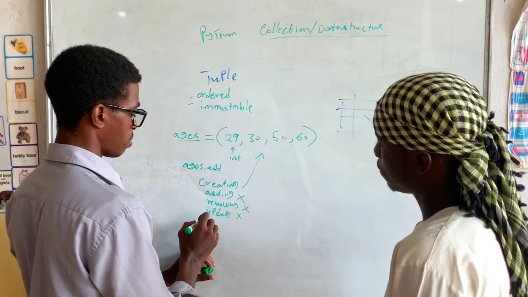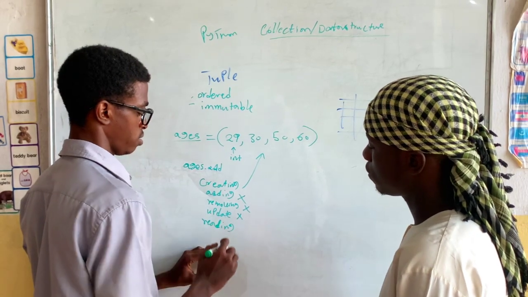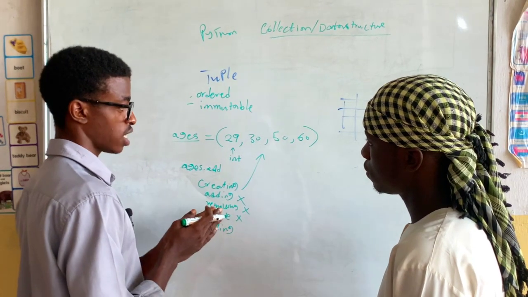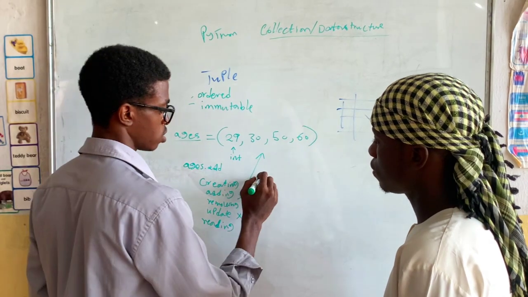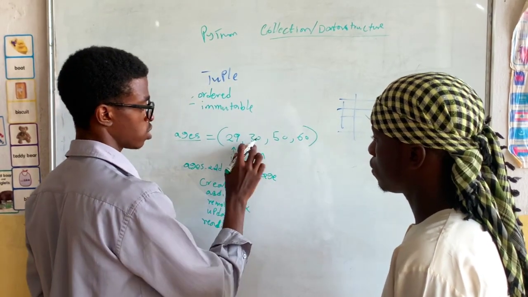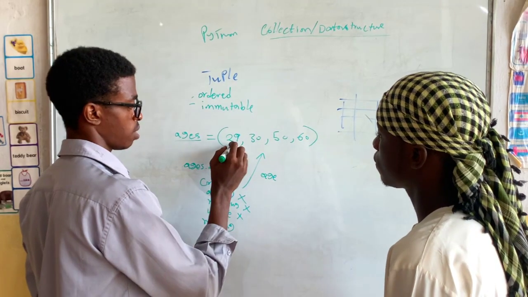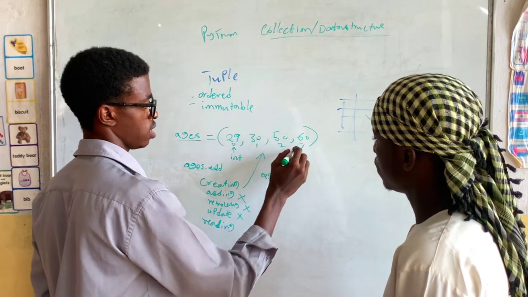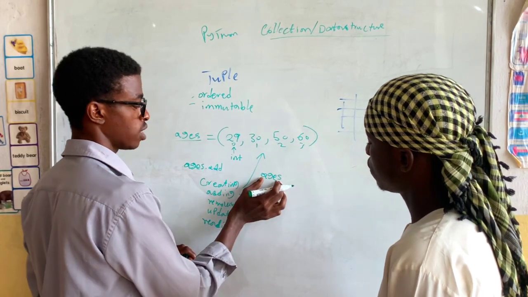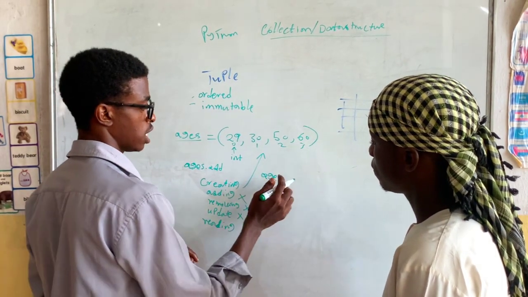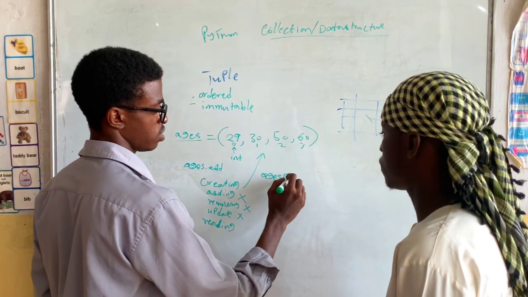But what about reading? You can read, because when we use indexing and slicing, we can read elements of a tuple. So how can we read? All of those data have an index, just like a list: 0, 1, 2, 3. So I can call the name of the basket, the collection, and in front of it put square brackets and put 0.